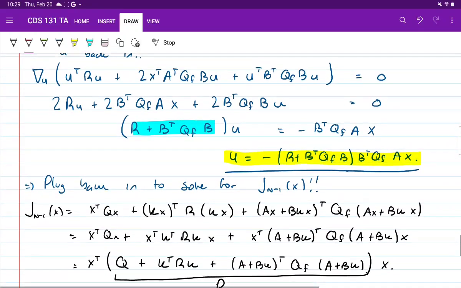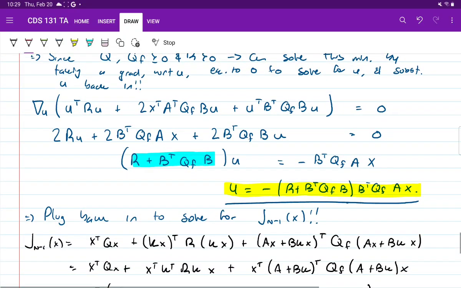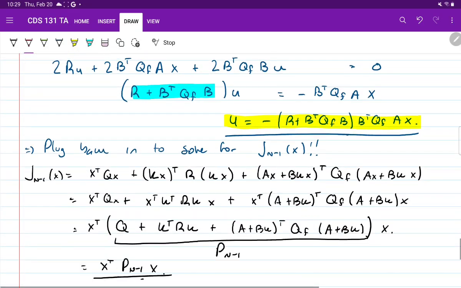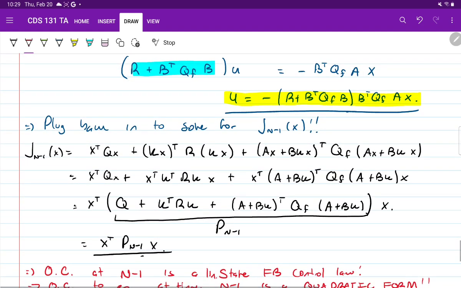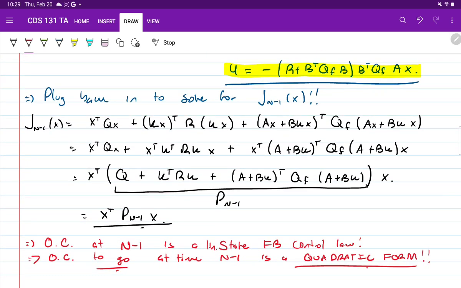So what does this first step suggest? Well, we found that our optimal control law is this linear state feedback control law, right? And further, what we found is that my optimal cost to go appears to be a quadratic form, okay? So what we conjecture is that the same sort of pattern appears. Our guess is that at each step, our optimal control law will be linear state feedback, and at each step, my optimal cost to go will be a quadratic form, okay?